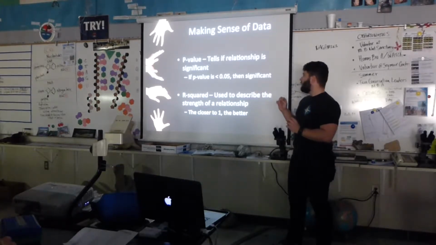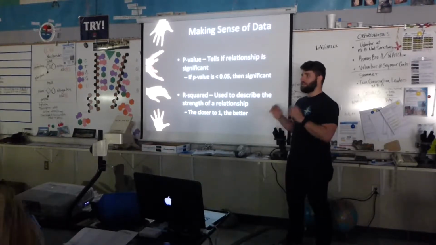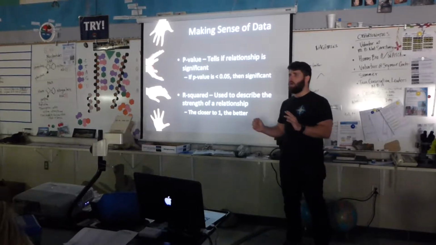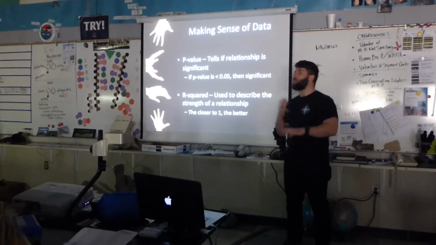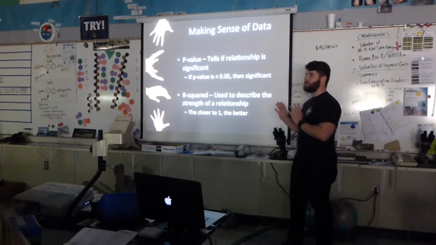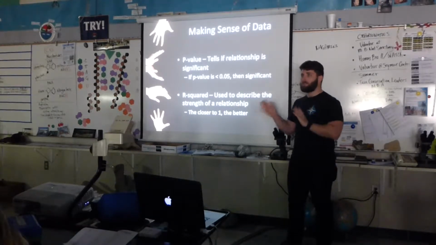If it's 0.000001, it's still significant. You don't want to use the terms highly significant or barely significant or almost significant or not at all significant. It's a contingency test, so it's not a spectrum. It either is or isn't. So keep that in mind.